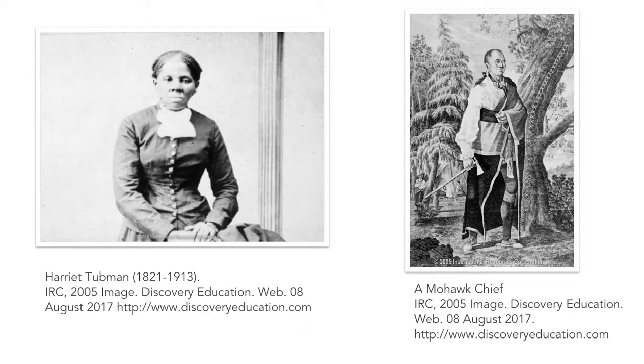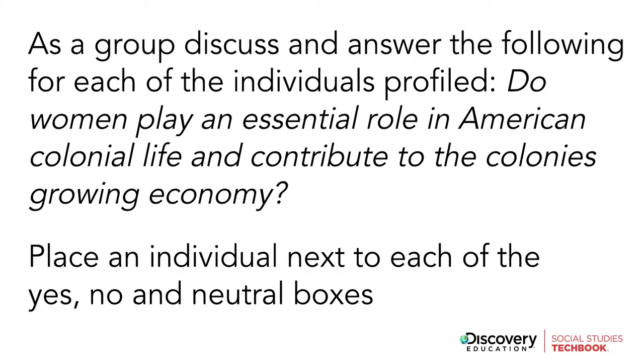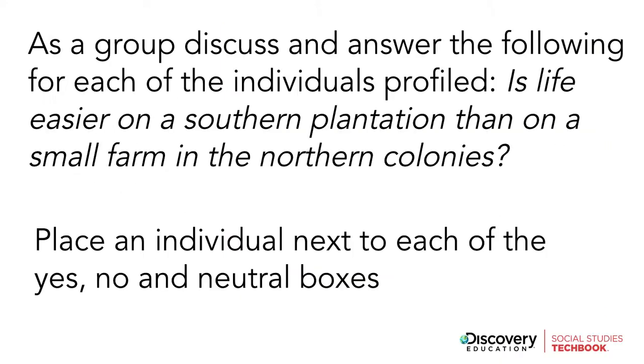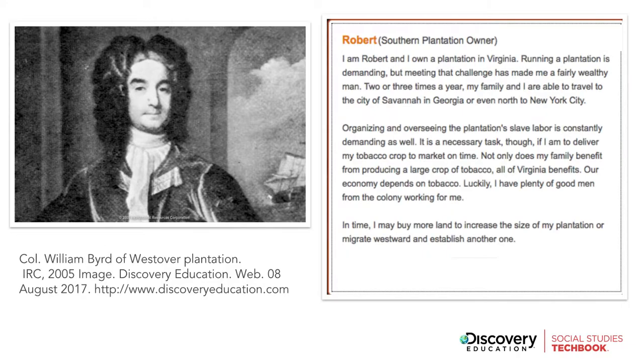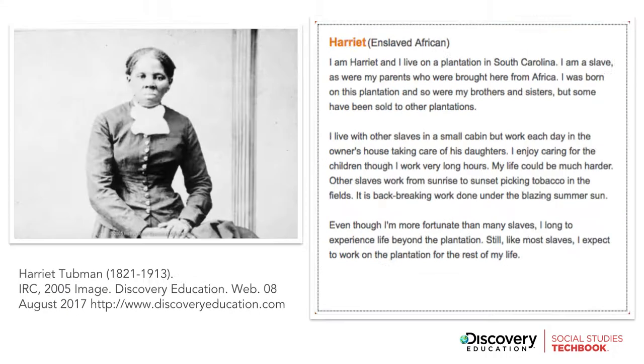I had printed these out, remember, as slides, and then I cut them into 4 individual pictures. And then the group's job was to go to each question and discuss with one another who might say yes, no, or neutral to each one of those questions, and they had to place the picture of that person on each one of those boxes and discuss why.